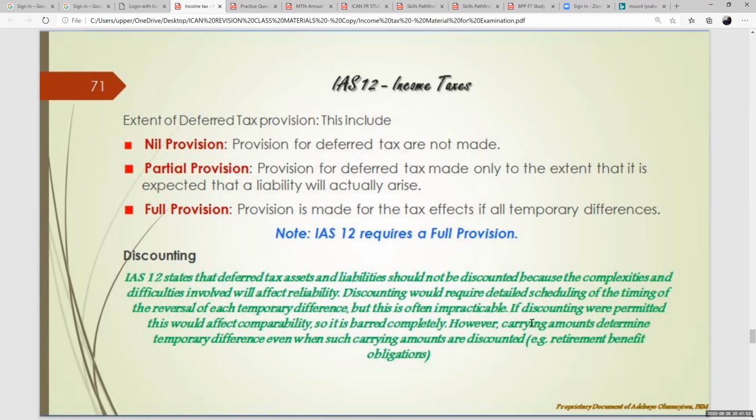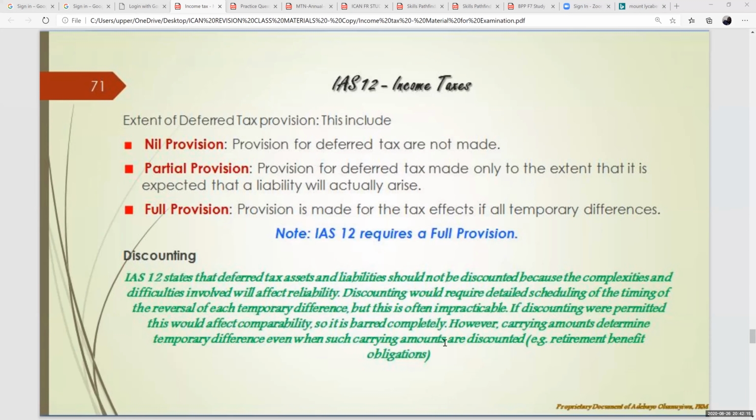Okay, and that represents the position for that. Or you have a practical question where they give you cost of capital or a discount rate or a discount factor. You ignore it in totality when you are computing deferred tax. And that is the position of the standard.